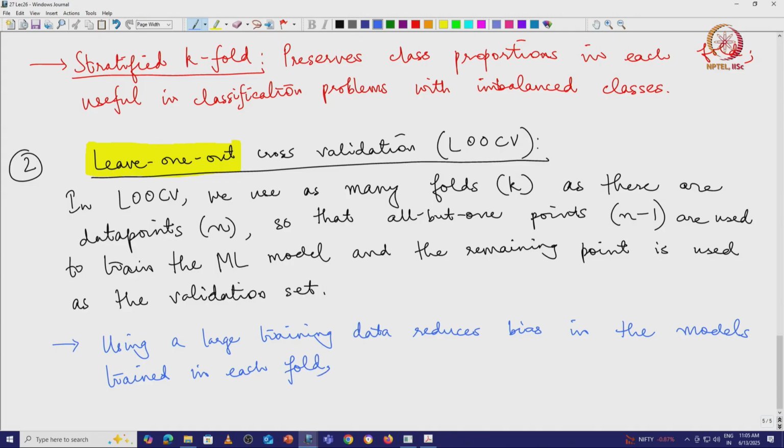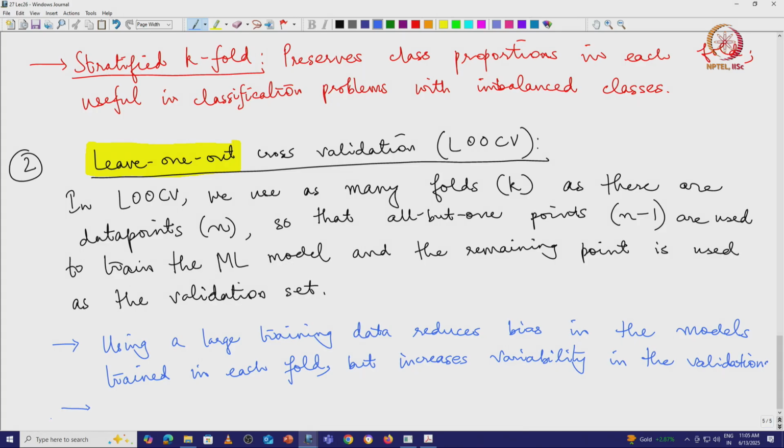But it increases the sort of variability in the validation, because there may be outliers and some of them will give rise to a very high loss function. Of course, you are averaging over all of them. That is the advantage in principle.